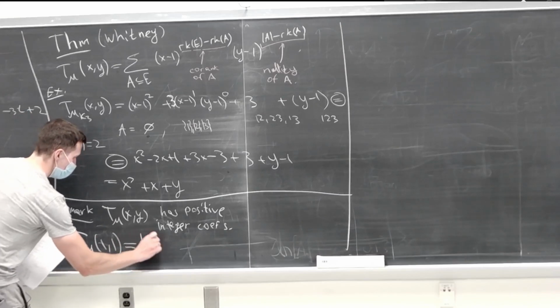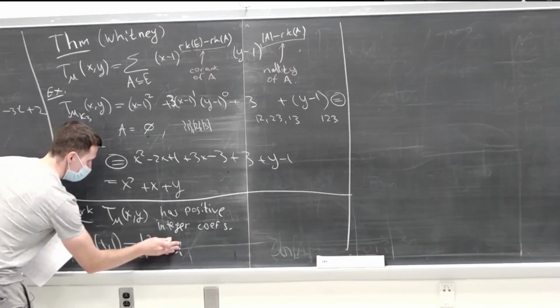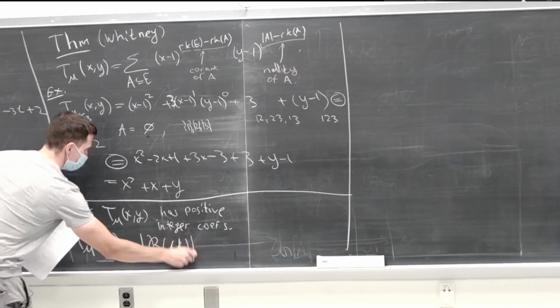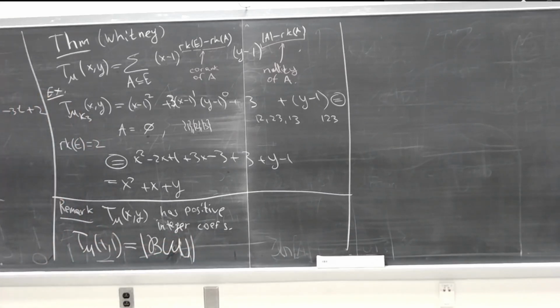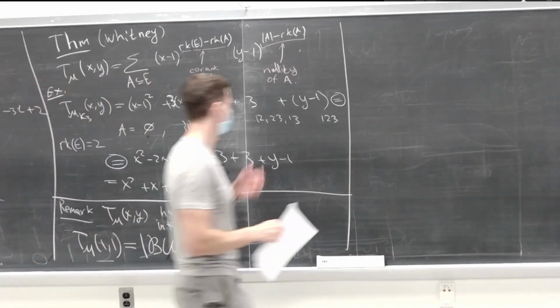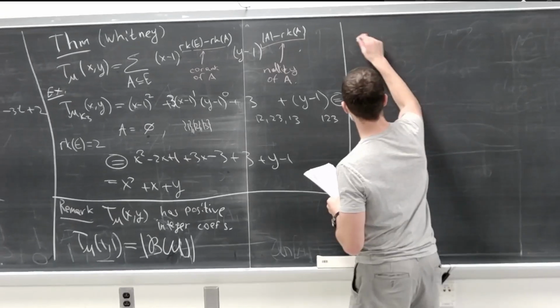So this is actually the number of bases of my matroid. If I plug in 1, 1, I get the number of bases. So there should be a formula.